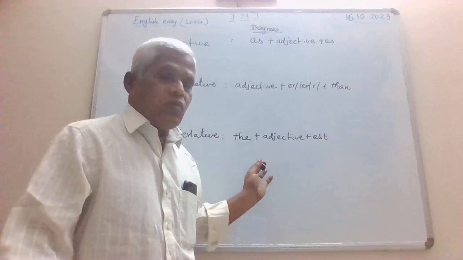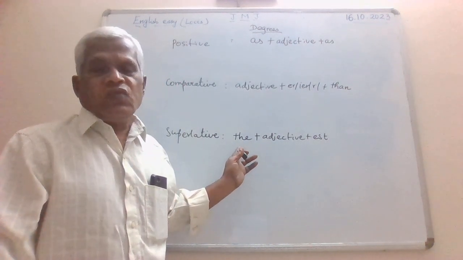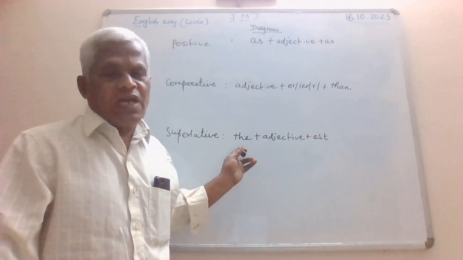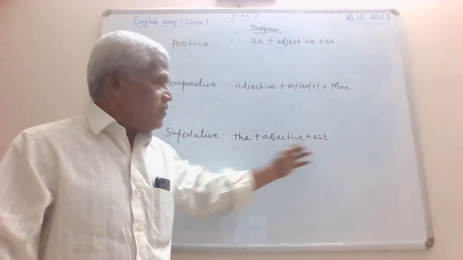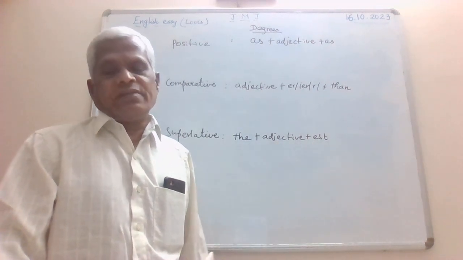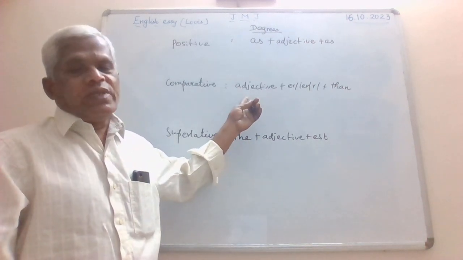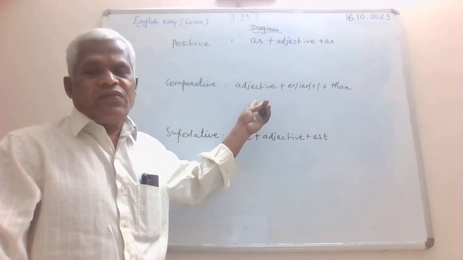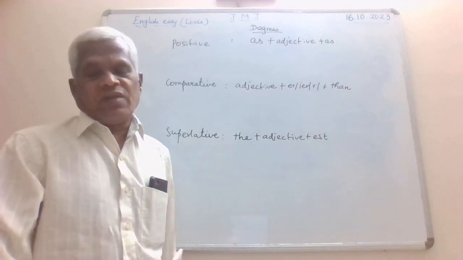Okay? Now come to the superlative. Superlative, of course, we begin with the article, the definite article, the, plus adjective, and then we add est. Now for comparative, one more addition should be there. There are certain adjectives which have more. That should be written before the adjective.